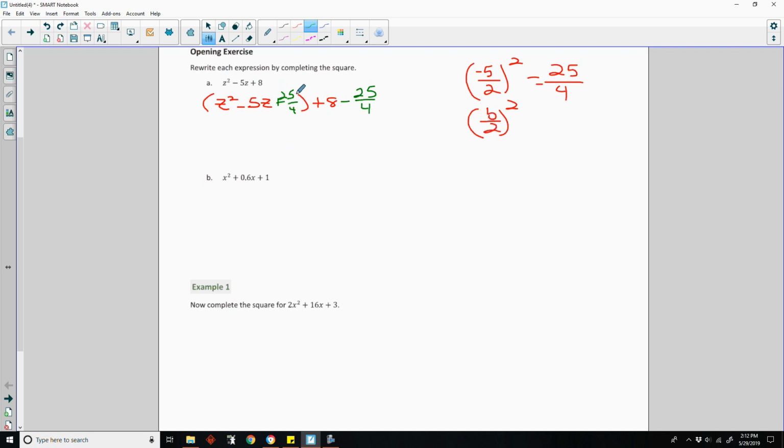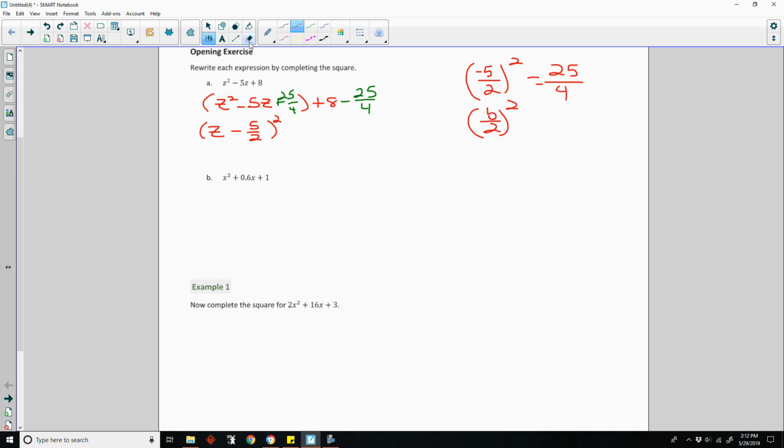If I add 25 quarters, I have to also subtract 25 quarters to make that 0 and no change. So now that I've done that, I now have a perfect square where it's the first term and my b divided by 2 goes in here. So it's z minus 5 halves quantity squared.